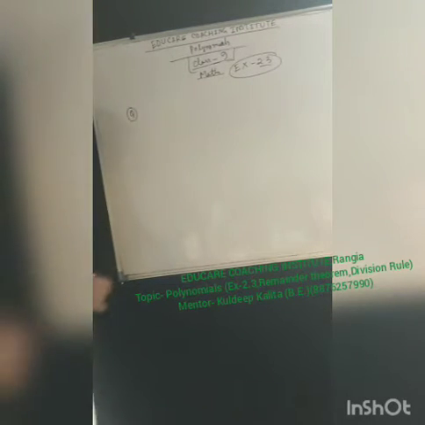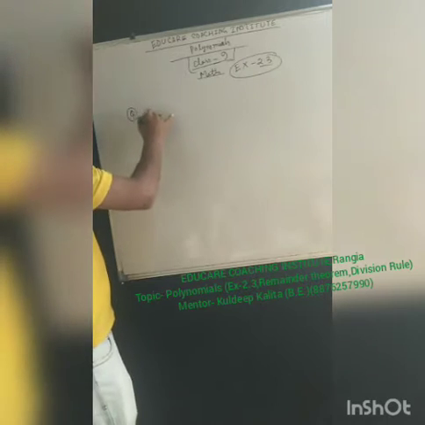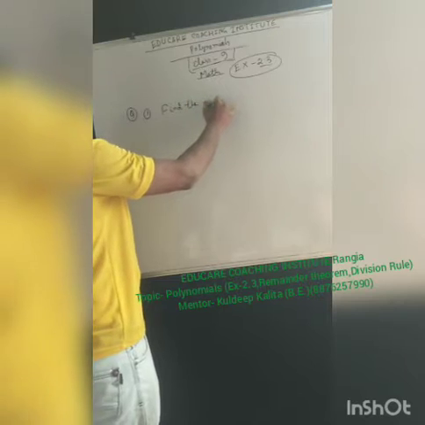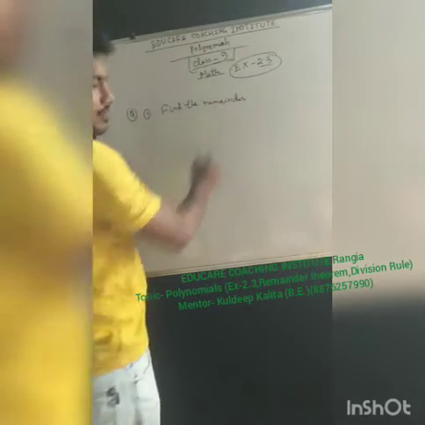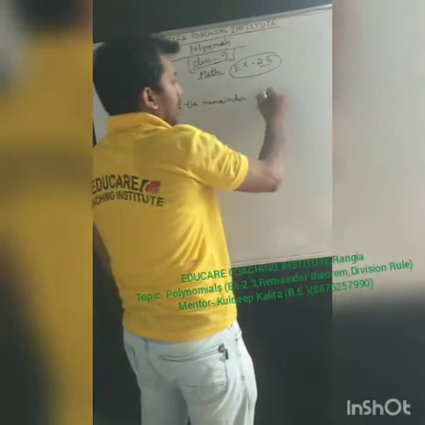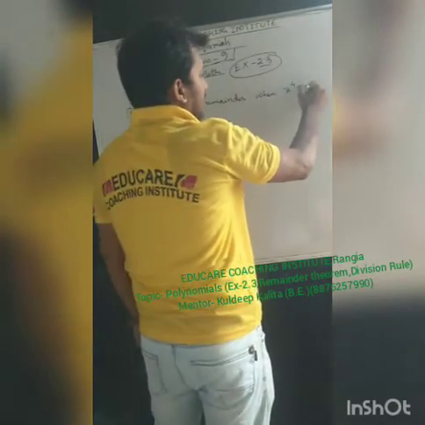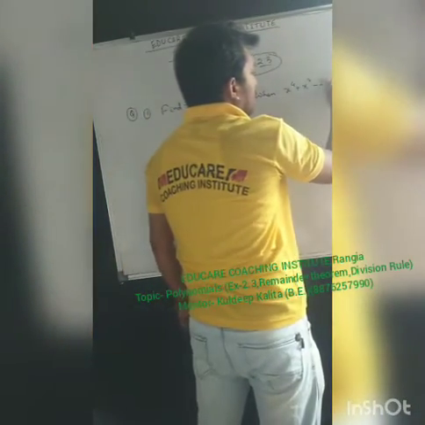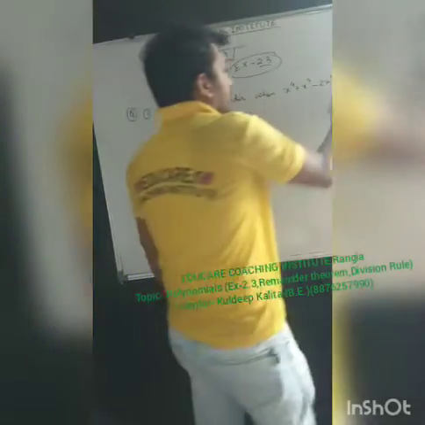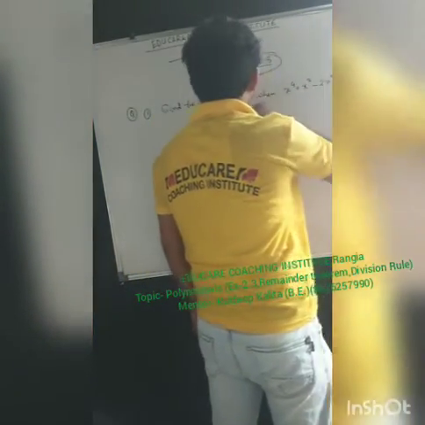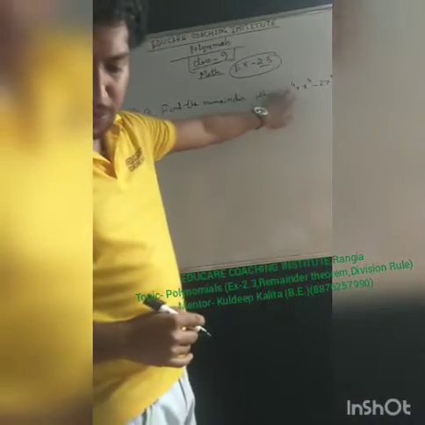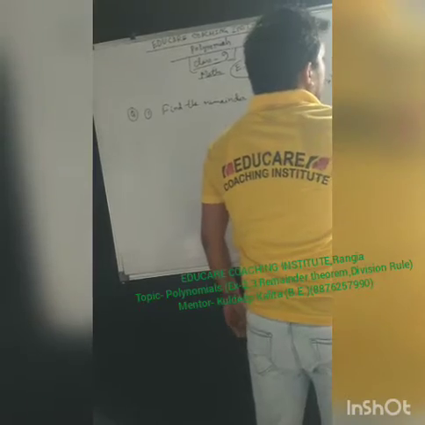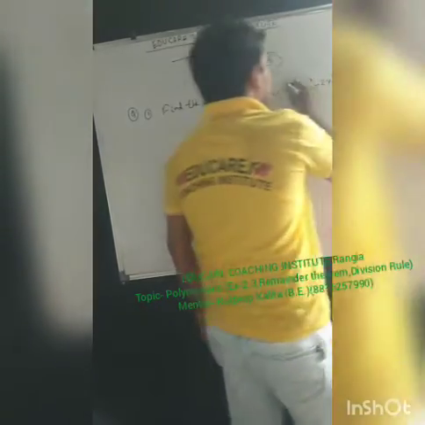Question number 1. Find the remainder when x to the power 4 plus x cube minus 2x square plus x plus 1 is divided by x minus 1.